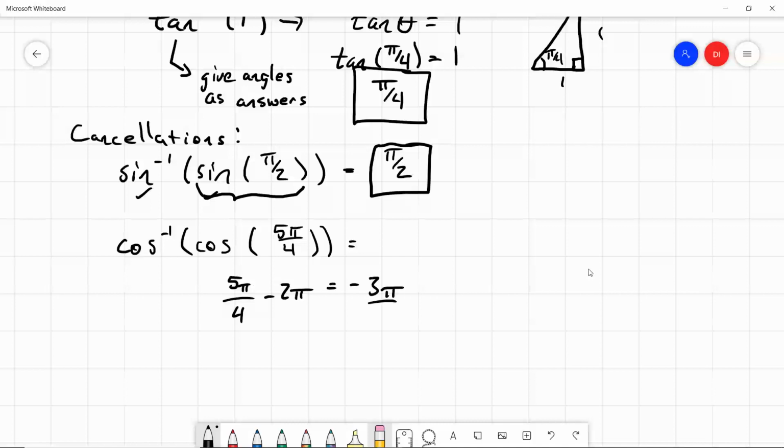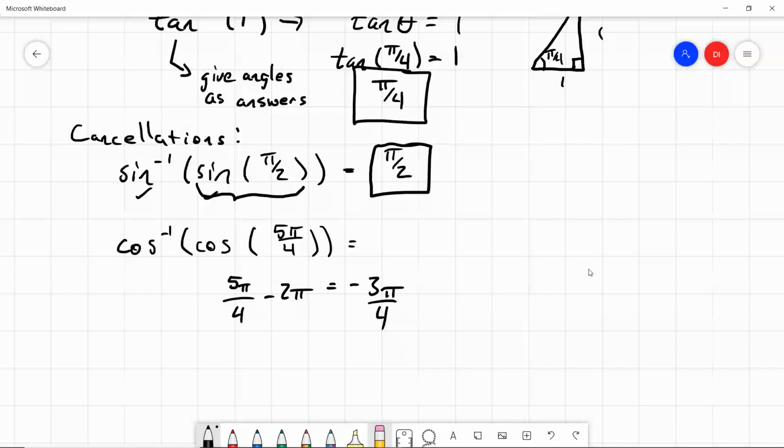True. This is a periodic shift right here. Quadrant 2. Pi minus pi over 2. Wait, pi minus your angle.